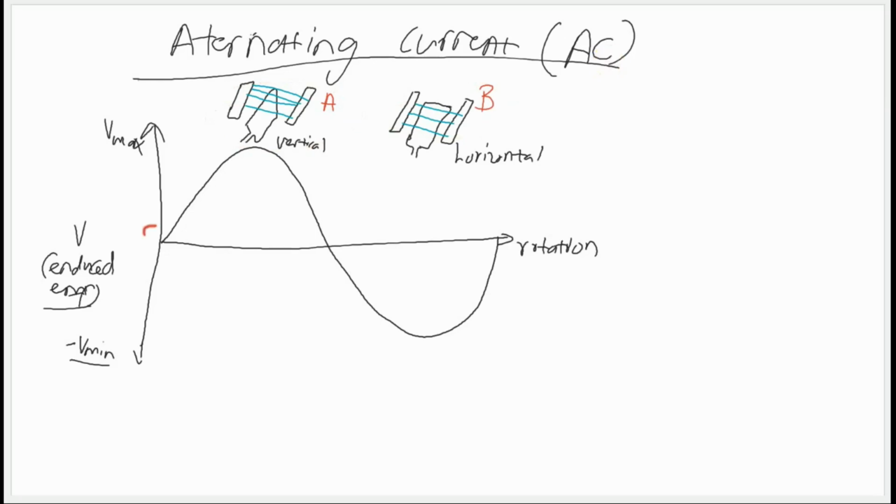At the start you have 0 induced EMF when the loop is vertical, that is position A. At the maximum the loop is horizontal, and that is B. It goes back to vertical, position A, and then to B, but this B is now a minimum.